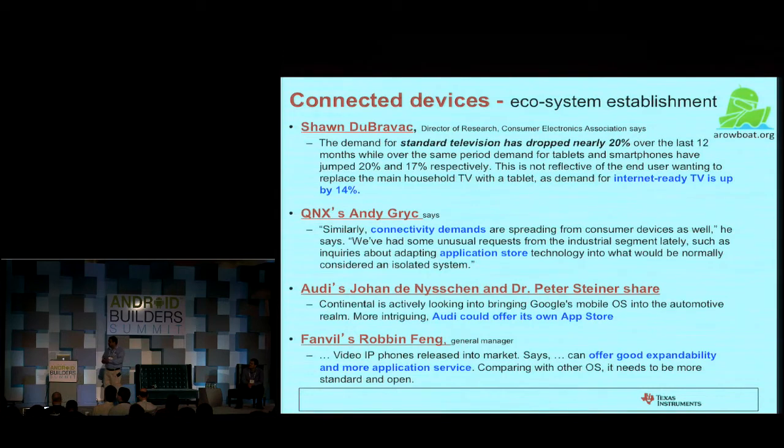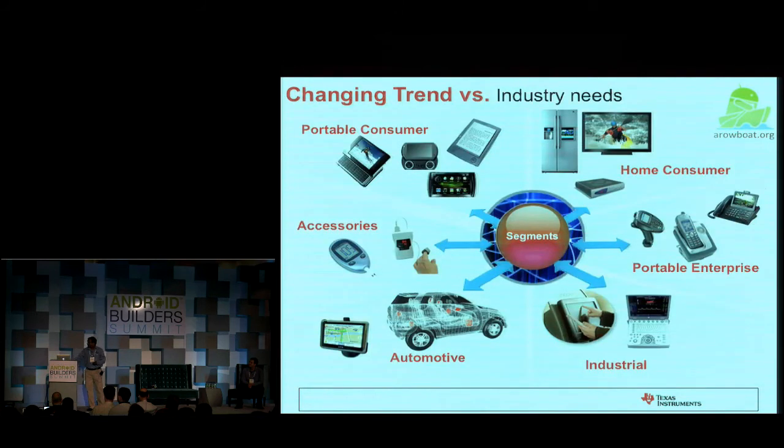And then if you see, there are so many industry experts and markets, they want to actually have their own, or control, or have their own app market to meet the needs of their users. So these are something which are changing in the connected world or the ecosystem world. And if you see, trends in each industry are changing. The user demand and the ecosystem demand is not just changing in consumer electronics, it's changing in home consumer, portable enterprise, industrial, automotive, and each and every area is having this new demand of user experience and then ecosystem.